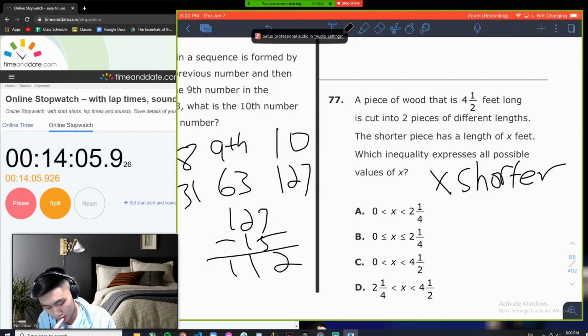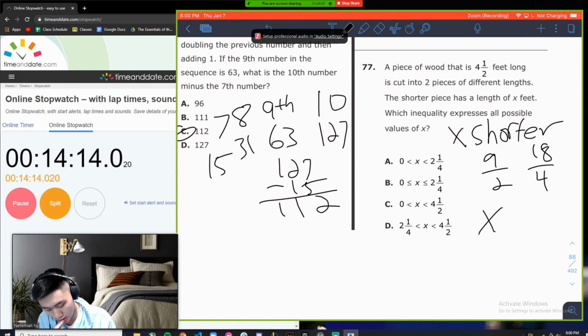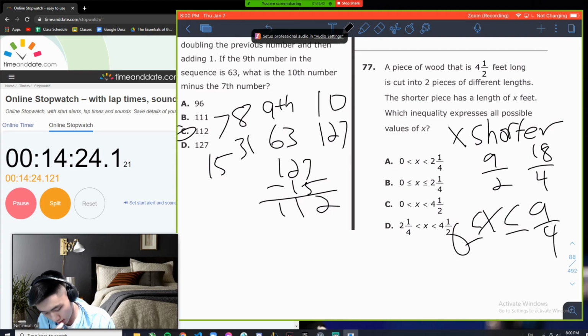So 4.5 is 9 over 2, which is 18 over 4. So x has to be less than half of that. 9 over 4, which is 2 and 1/4.